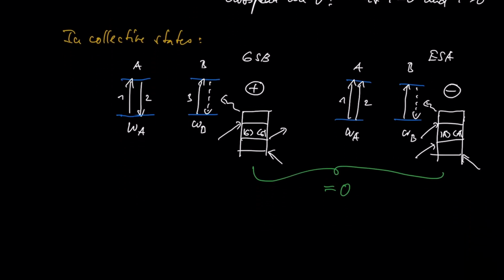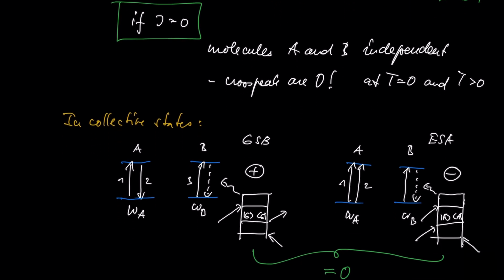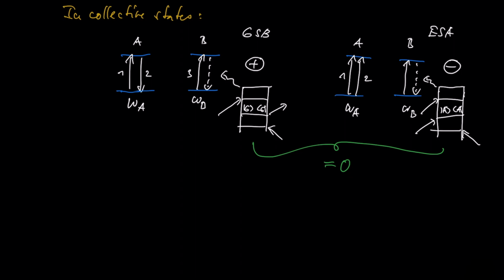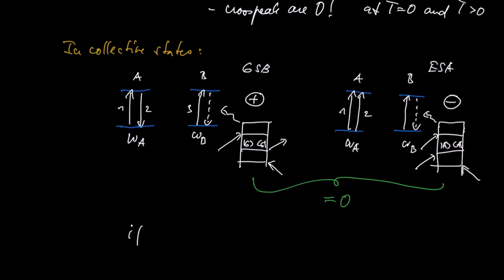But we will be far more interested in a situation where there is no such compensation, where the coupling J is much larger than even in the small J case, which led to the slow transfer, which we could describe by some energy transfer rate. So there is a situation when there's a so-called delocalization of states. So this is the situation if J is large, really large, not just larger than 0.